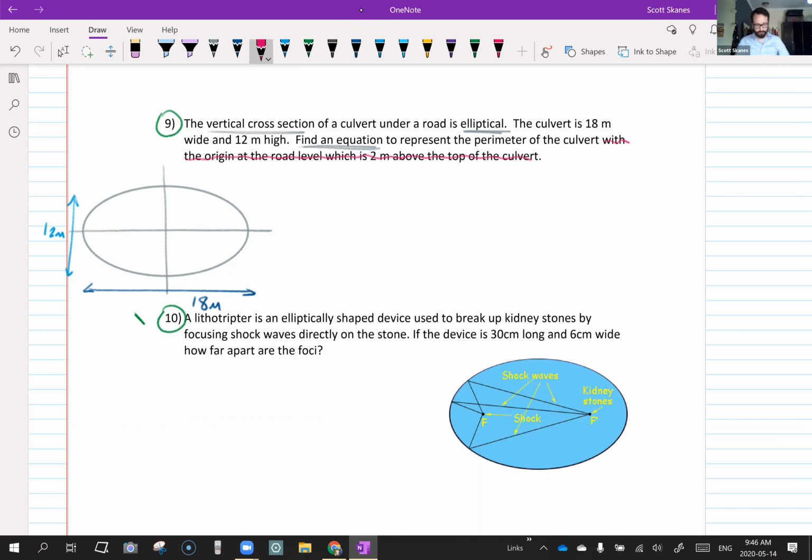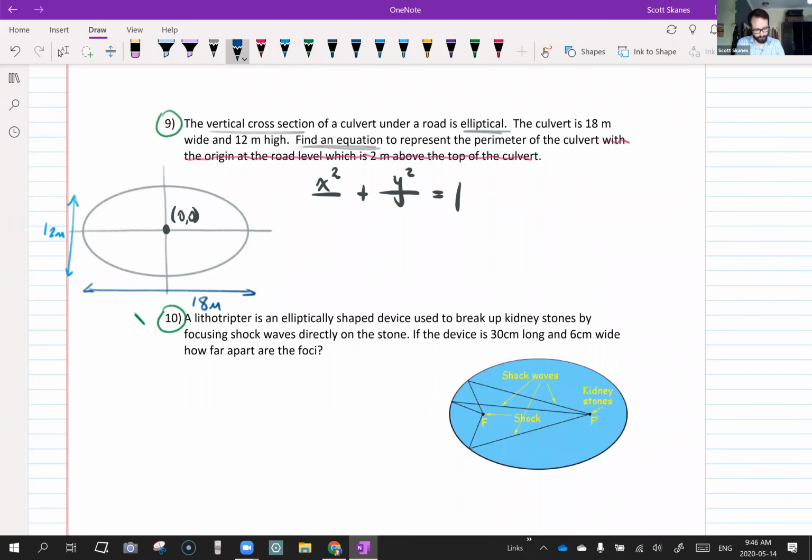Okay, so an ellipse. First of all, our center is at 0, 0. So let me write out the equation: x squared over something, y squared over something equals 1. Now, all you need to do is tell me what is a and what is b.